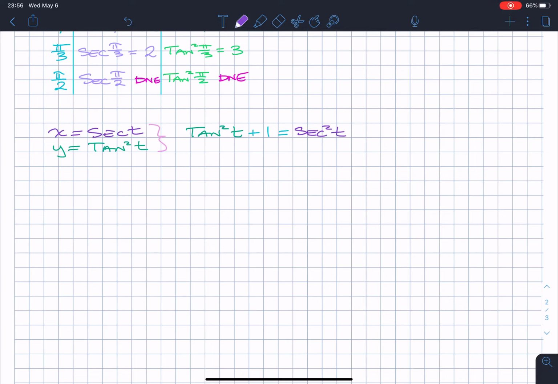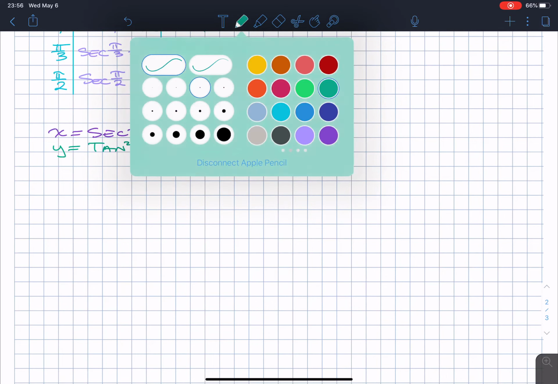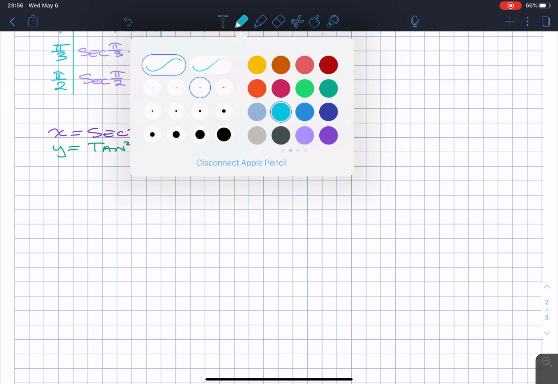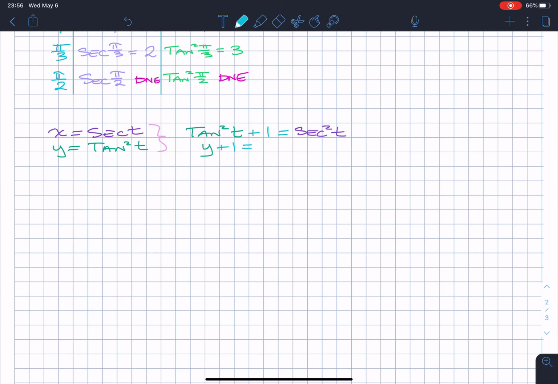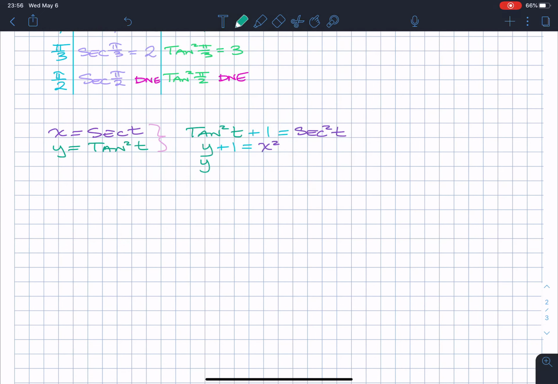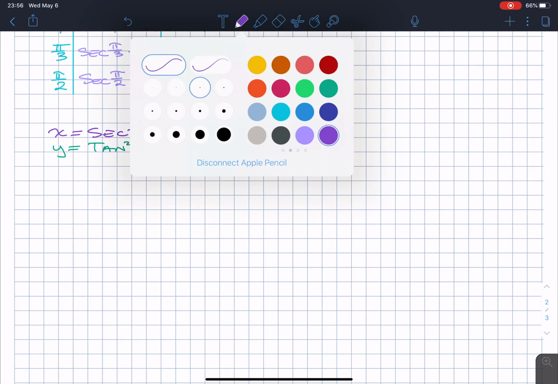So since I'd like to solve for y, this becomes y plus 1 is equal to secant squared, which is x squared, right? So I just get that y is equal to x squared plus 1, which is a parabola shifted up 1 unit.